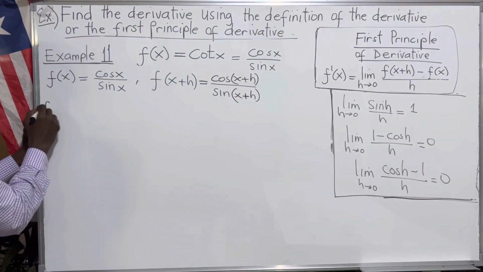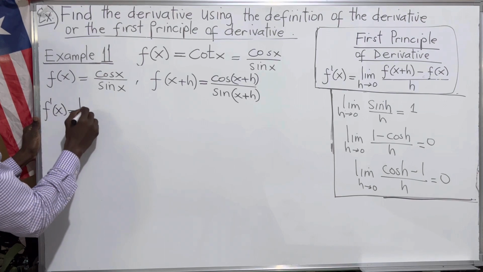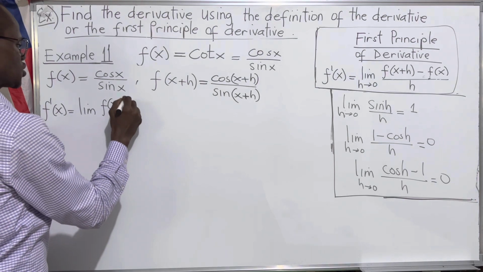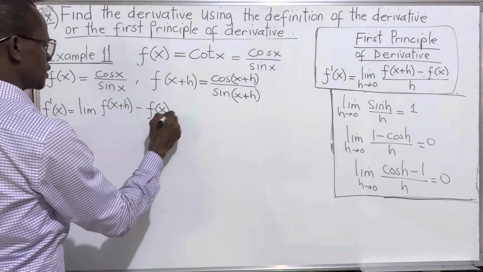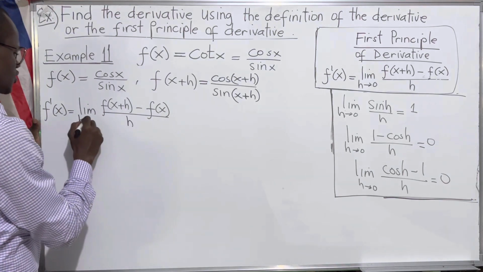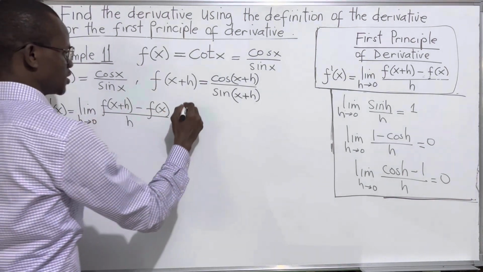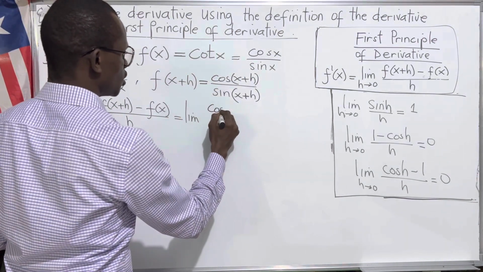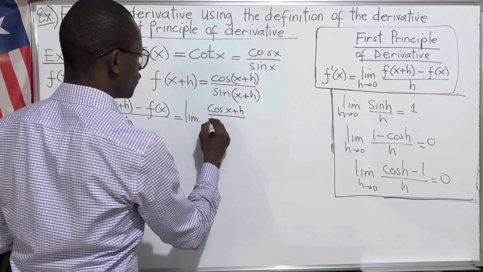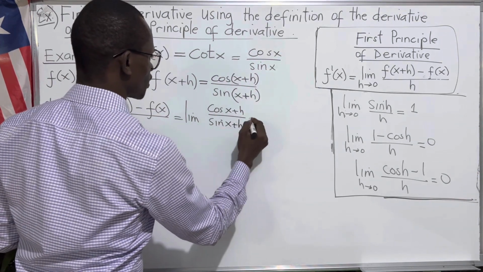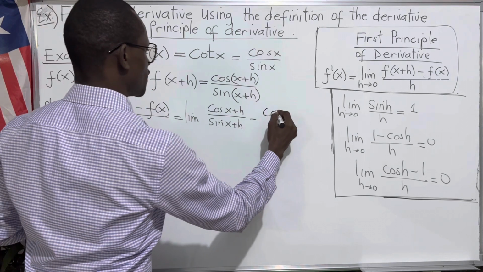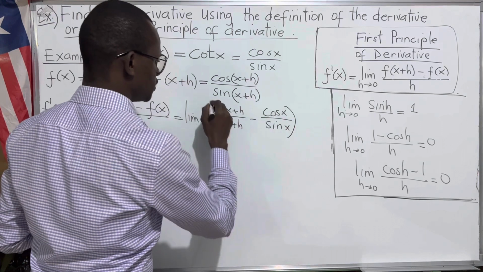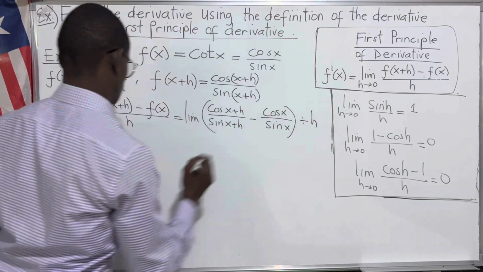So in the problem now, we can replace the limit of f of x plus h minus f of x all over h, as h is approaching 0. This is just equal to the limit. So this f of x plus h is cos of x plus h all over sine of x plus h minus cos of x all over sine of x, all divided by h.